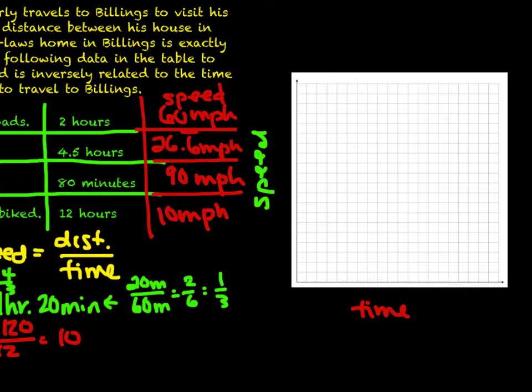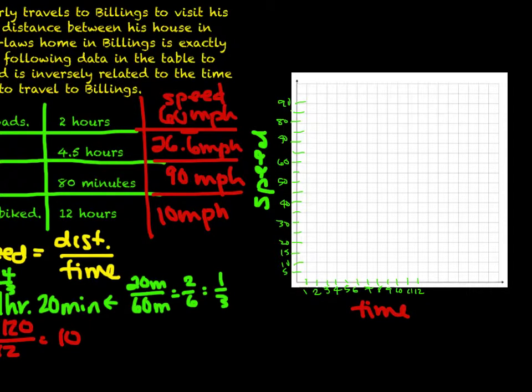For time, we have 12 hours, so every 1 unit is our scale, and for speed we have up to 90, and we have 20 along the side, so we'll maybe say every 10. So I'm going to do a little math magic. Hold on a second. All right, I actually decided to go by 5s on that upper portion.